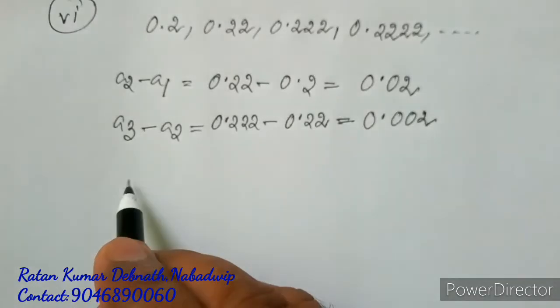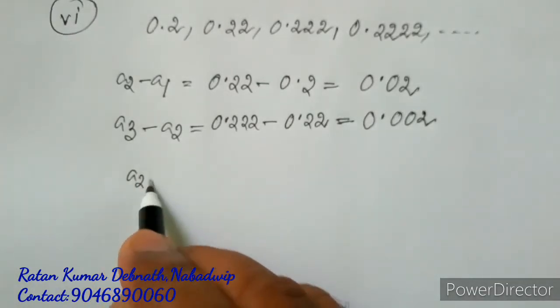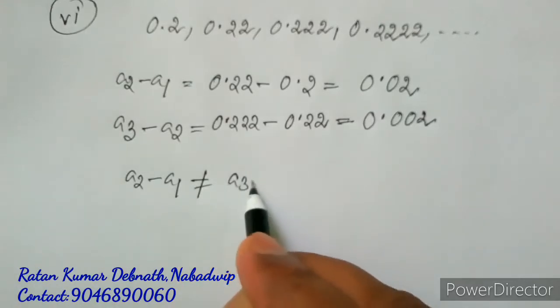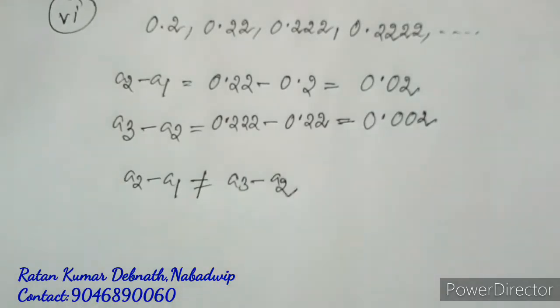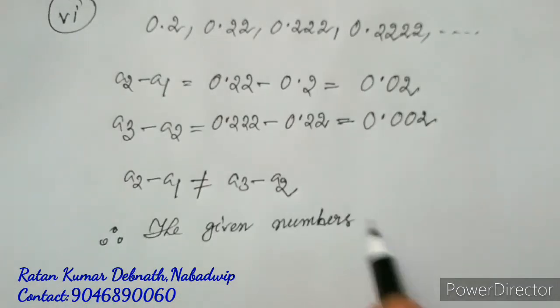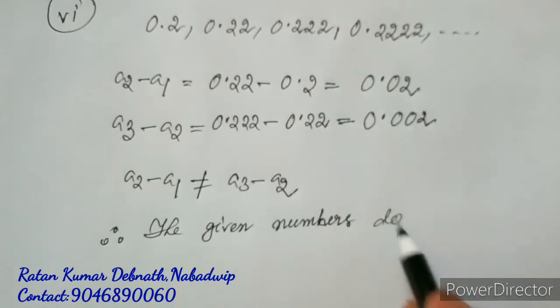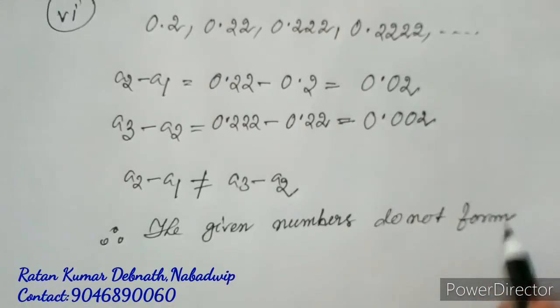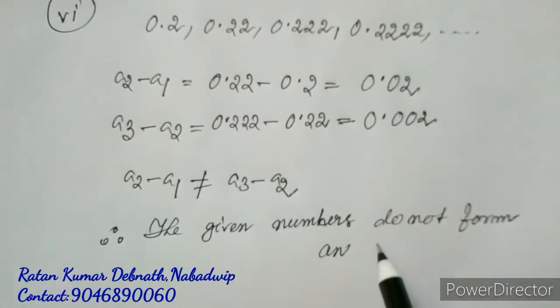Obviously, we can say a2 minus a1 not equal to a3 minus a2. Therefore, the given numbers do not form an AP.